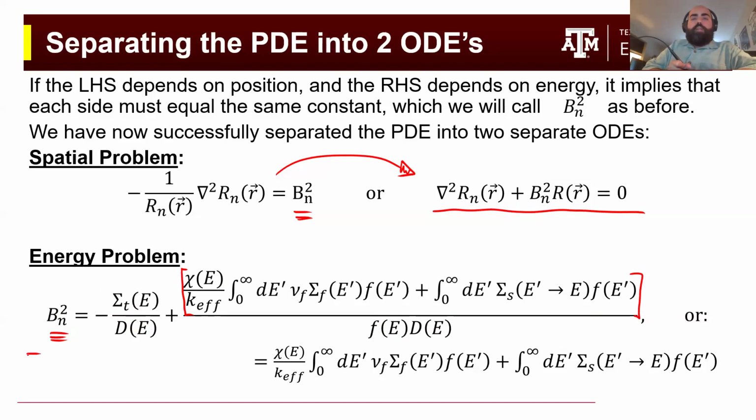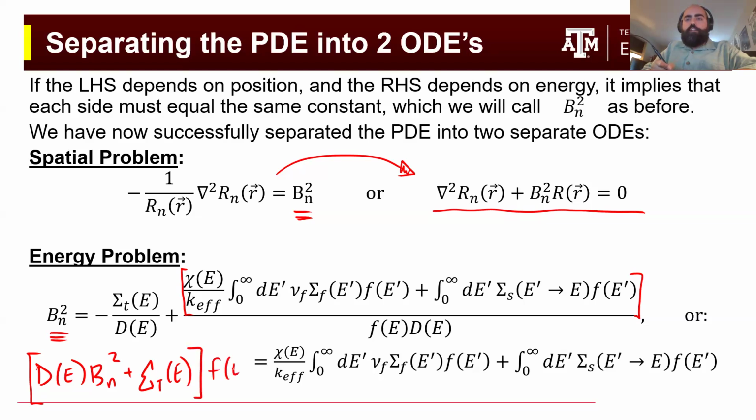Basically, what we end up with on the left-hand side is D of E, the energy-dependent diffusion coefficient, times Bn squared plus sigma T of E, and this whole quantity is multiplied by F of E. That's what you would get if you rearranged and isolated these two integral terms.